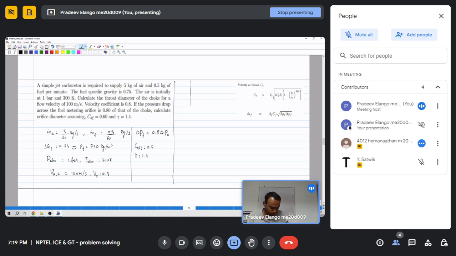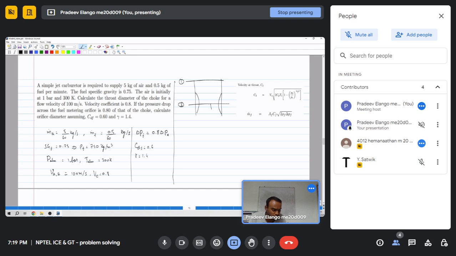Now you have a carburetor with a throat. Assuming this is state 1, this is 2. Here the pressure is atmospheric pressure, so P1 is 1 bar and T1 is 300 Kelvin. At state 2, at the choke of the throat, the diameter is lesser.